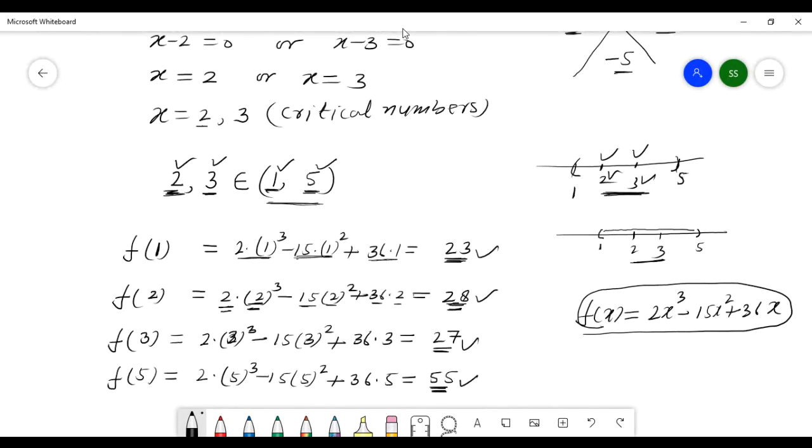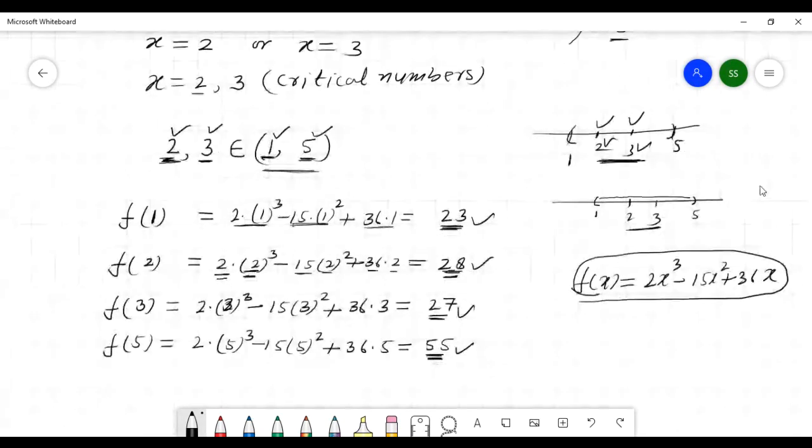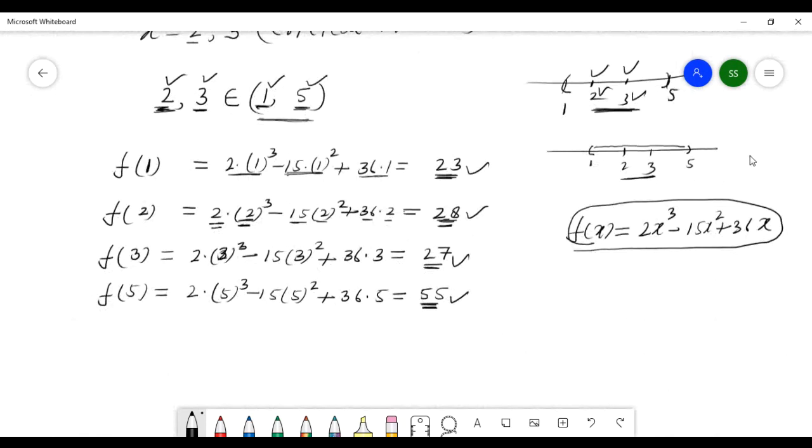Now tell me which is big and which is small. Which one is the big number? So 55 is big, and the small number is 23. So the absolute maximum is f of 5 equal to 55. This is the absolute maximum.